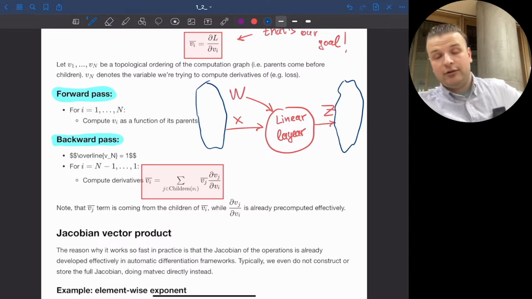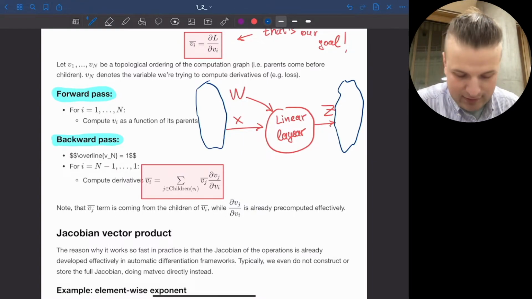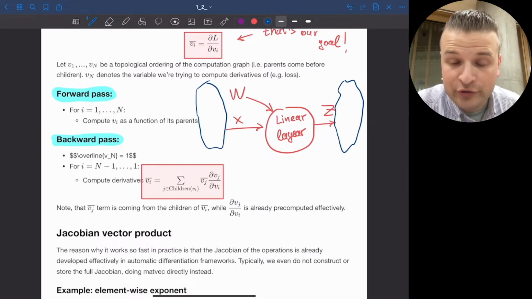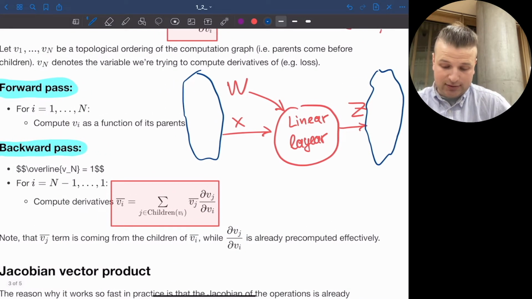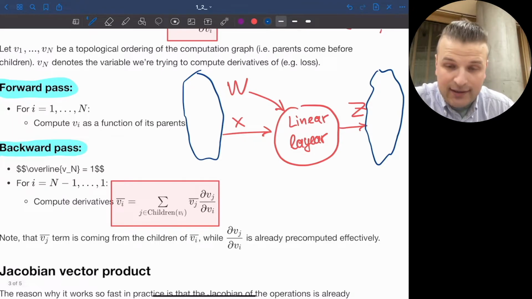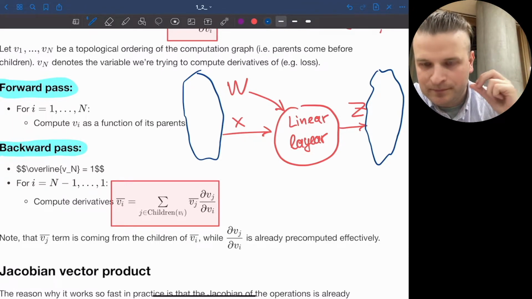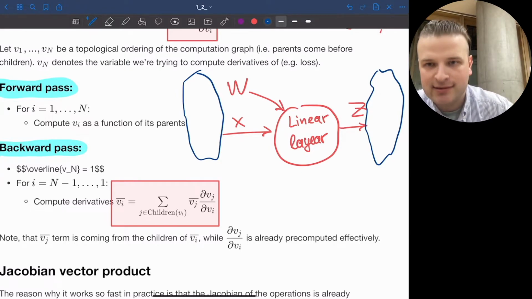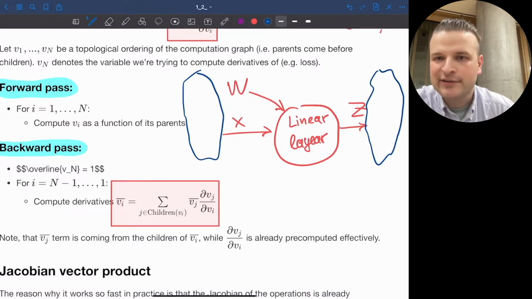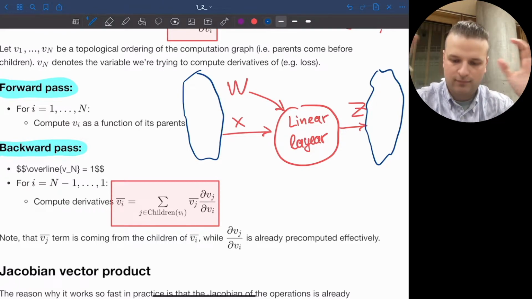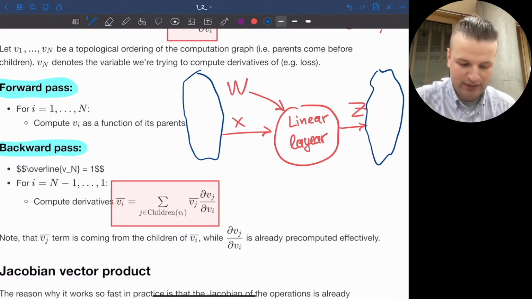It could be 100, 200, as many as you want to be here. And this idea and this approach is very modular because it allows us to compute all these derivatives in a very, as I said, modular way, right?